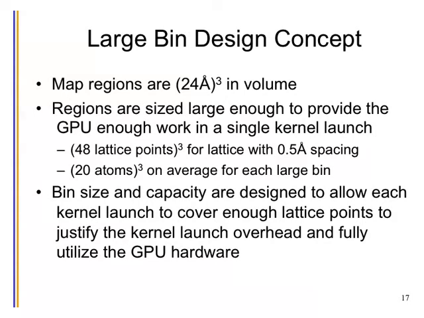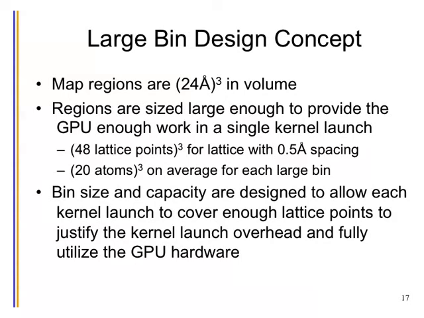So that keeps the GPU busy. And if you assume that there is about one atom per cubic angstrom, then we're talking about somewhere around 20 atoms cube on average in each large bin. So this is about 8,000 atoms. And that actually fits probably into 2 constant memory batches.